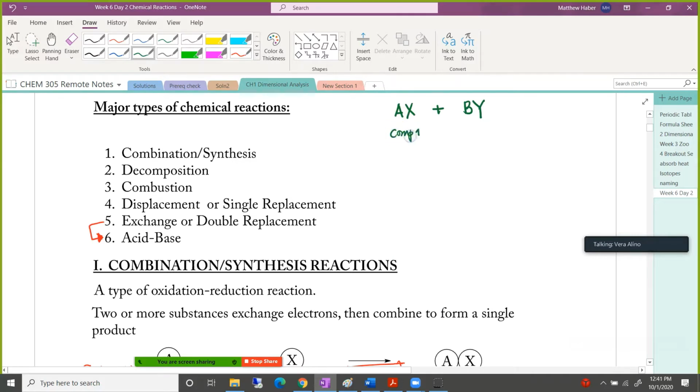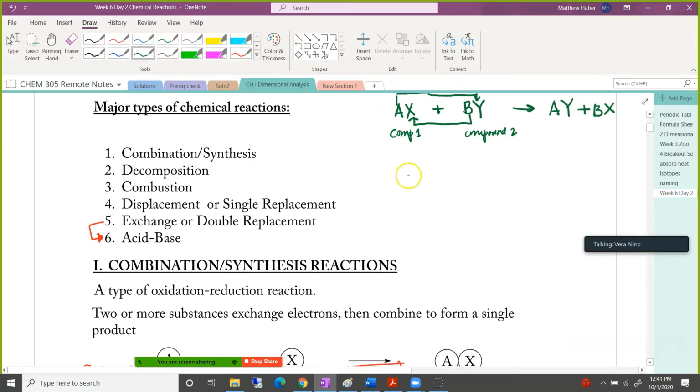What this reaction usually does is change its partners. The metal A here will react with the non-metal of the second compound to form a new compound, AY, and the metal of the second one will react with the non-metal X to form BX. So they just switch partners.